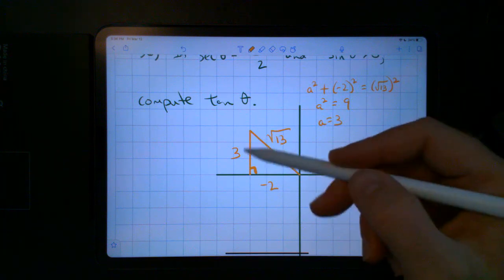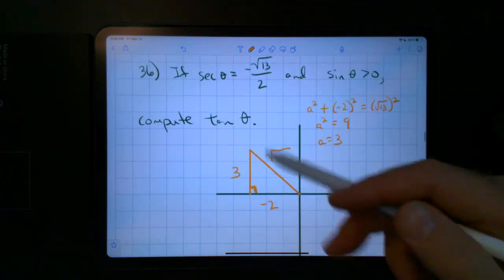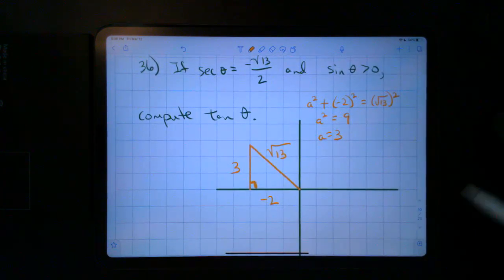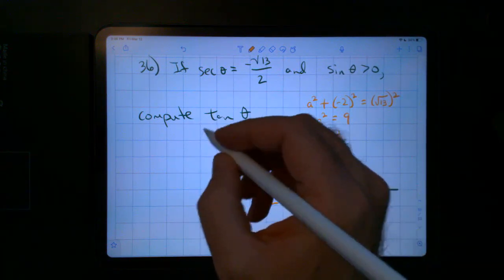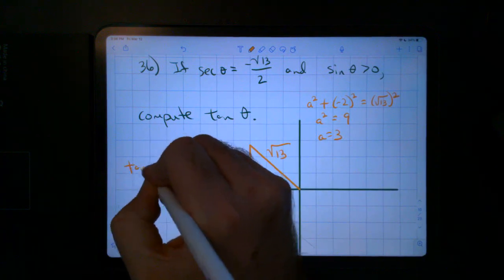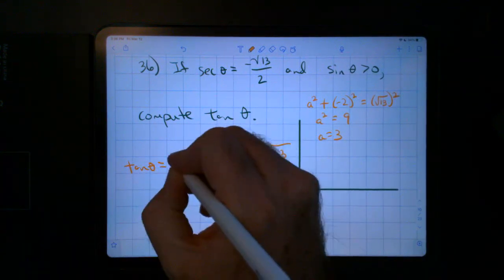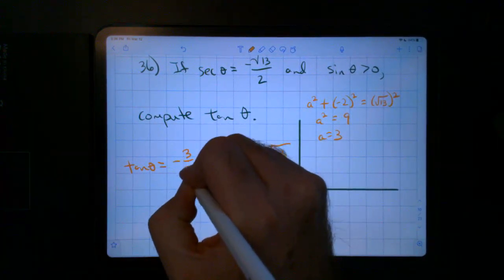This would be a positive 3 because the y is positive in quadrant 2. So tangent of theta is your sine over your cosine. So that tangent of theta is negative 3/2.